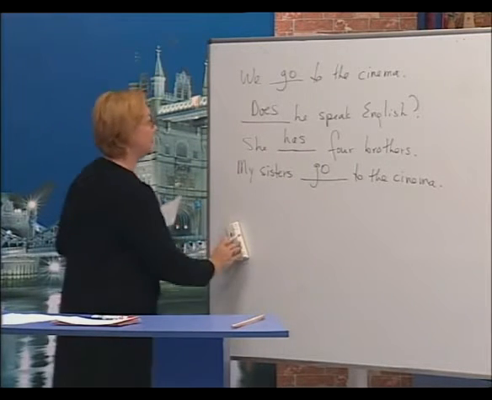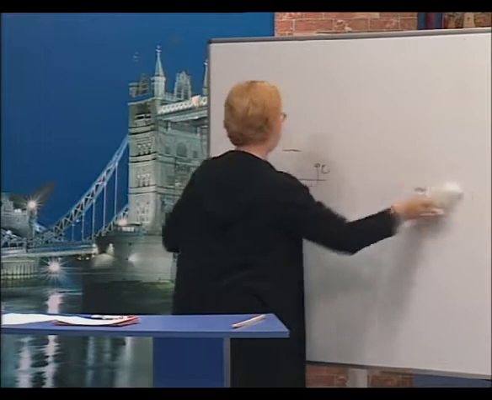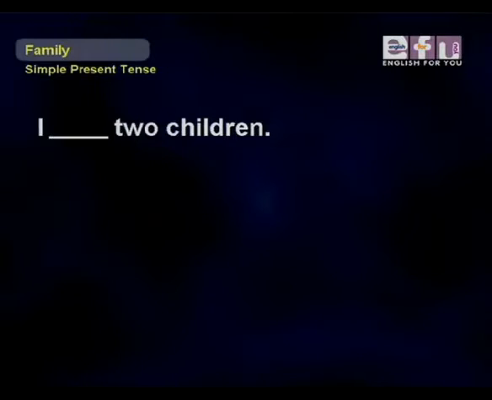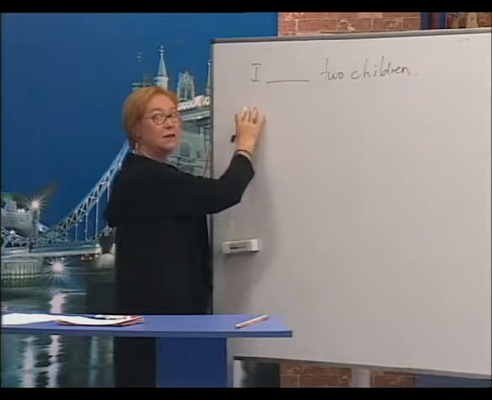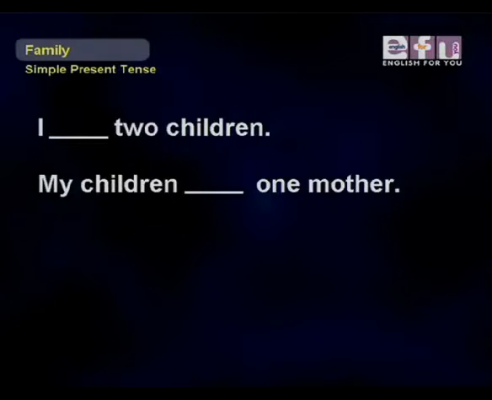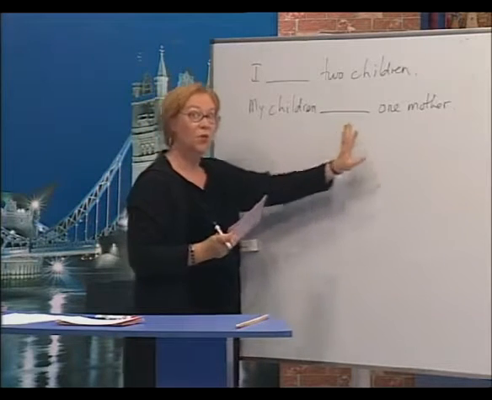Okay, now let's look at some new sentences, and we'll do the same thing again. So, here we go. I, 2 children. My children, 1 mother.